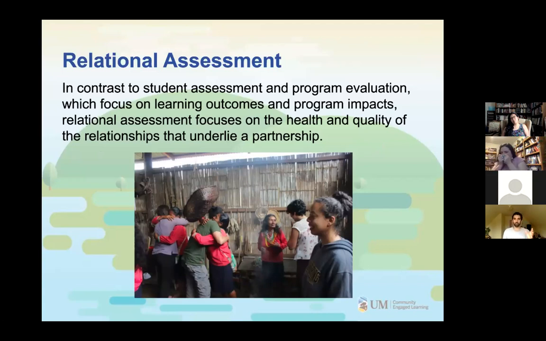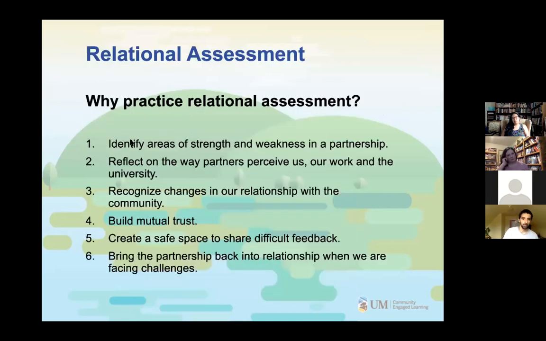Program evaluation and student assessment focus on learning outcomes and program impacts. But relational assessment, as the name says, focuses on the health and quality of the relationships that underlie a partnership. So it's not so much about whether we're meeting outcomes or the students are meeting their learning outcomes, but about how those relationships are doing. Are they healthy? Are there things that need to be addressed at the relational level within the partnership?